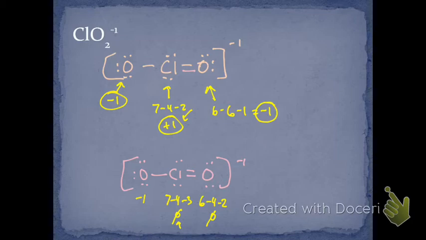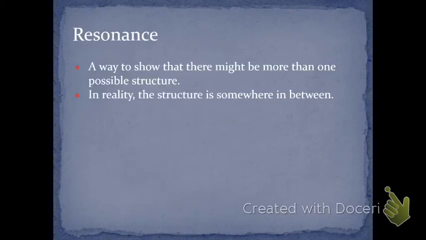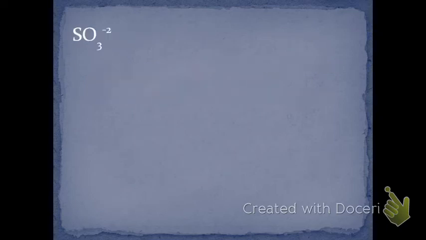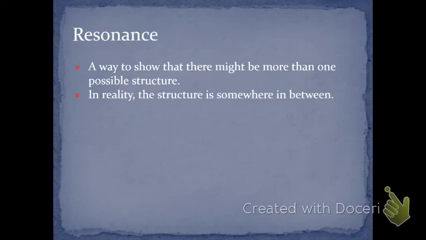Now there's something else we have to talk about here, and that's called resonance. A resonance is a way to show that there might be more than one possible structure. In reality, the structure is somewhere in between. Let me explain this. Let me bring in this problem again.